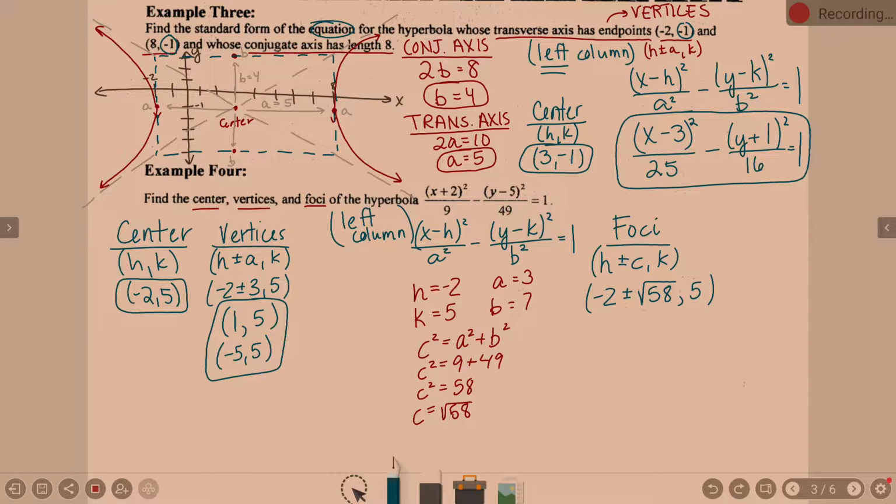Do we go farther with these? No. Square root of 58 is just that. Unless you are trying to graph those values, we don't need to go farther. Okay. You're seeing hyperbolas are a lot like ellipses, aren't they? Very similar.